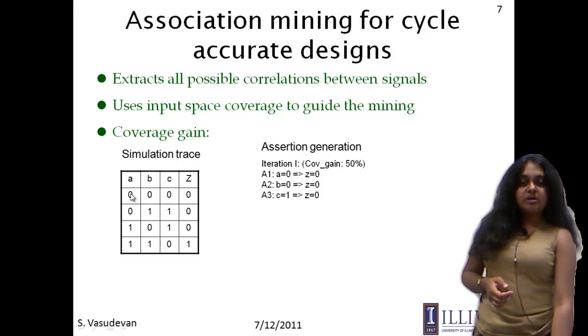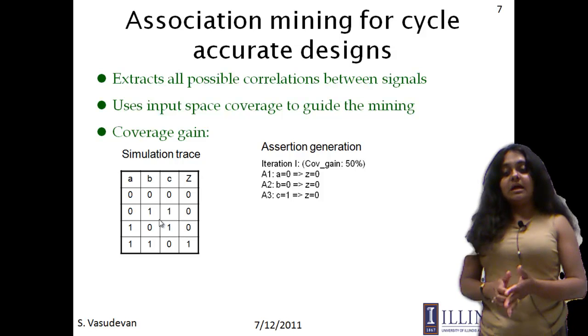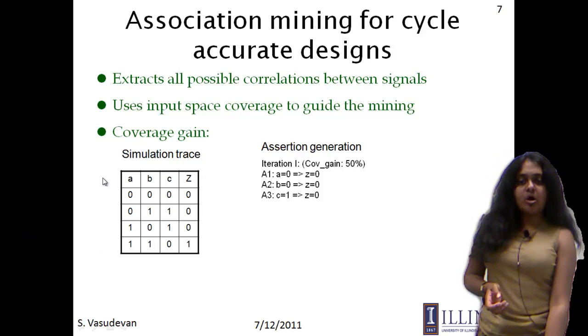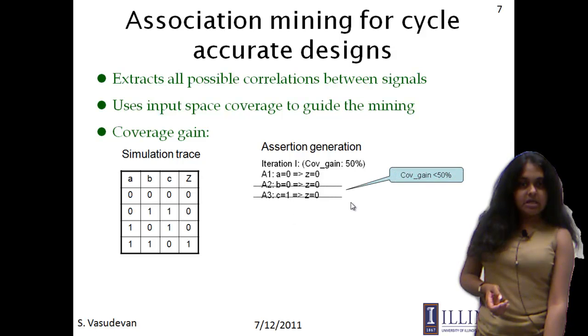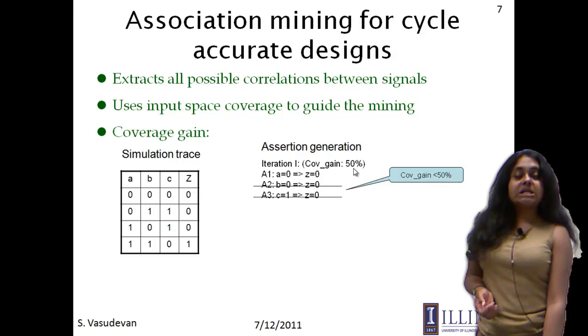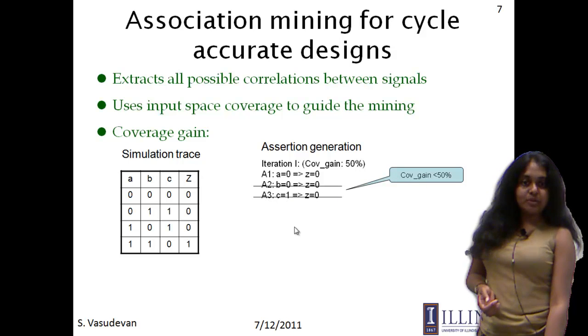But between those two entries, row 1 has already been covered by A1. So, the only real value that is being provided by A2 is a coverage gain of 1 out of 4 entries, or 25%, right. So, if my coverage gain threshold was 50%, then B is equal to 0 implies Z is equal to 0, or the assertion A2, falls below 50%, and so also for assertion A3.